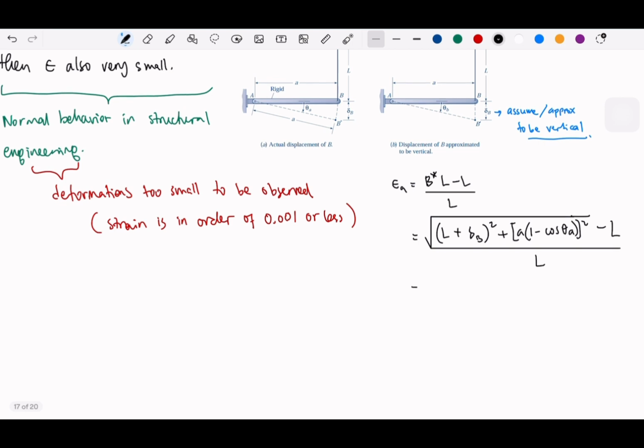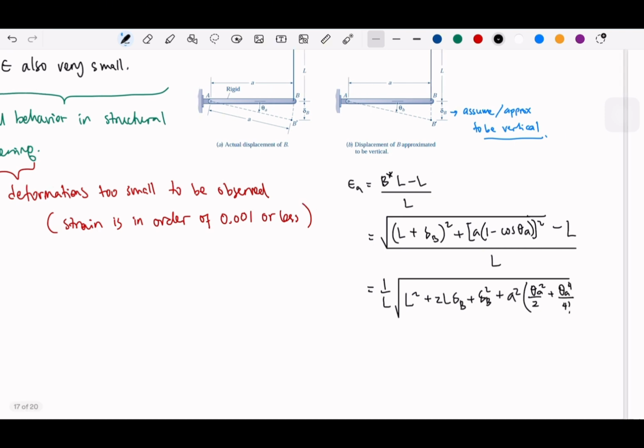And we have a series which we can simplify through here. This will be L squared plus 2L plus A squared, and then we have a series here, 4 factorial and so on and so forth.